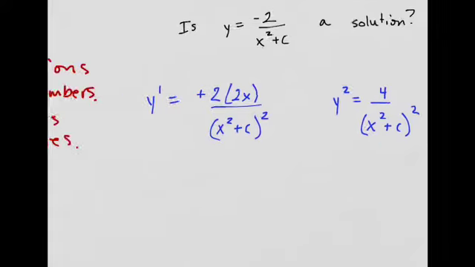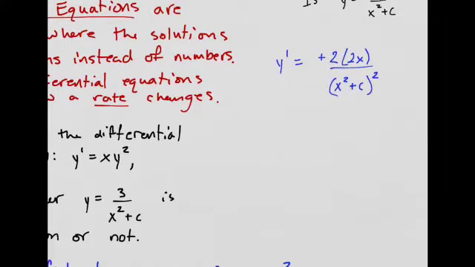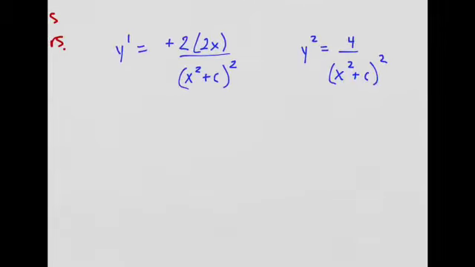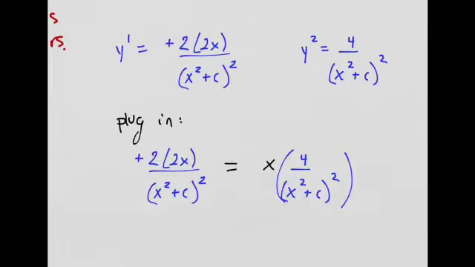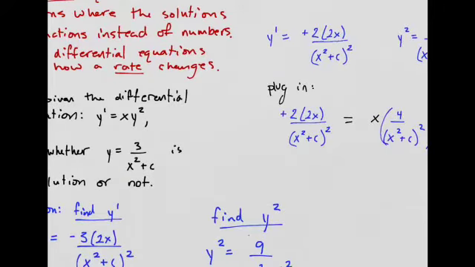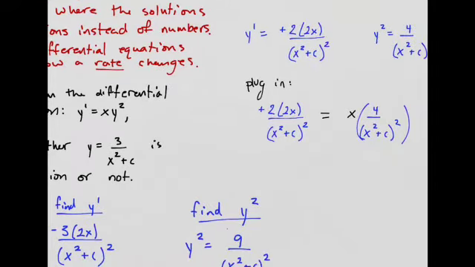Y prime, because remember, I still got to plug it in. I got to have y prime, and I got to have y squared. So I do that, and then I plug it in. So plug in that. Again, I'm plugging it into this. I have y prime equals x times y squared.